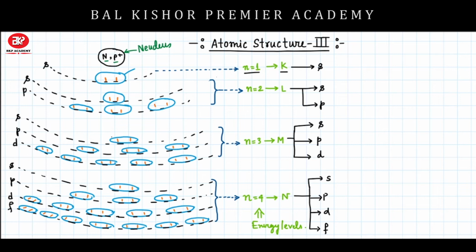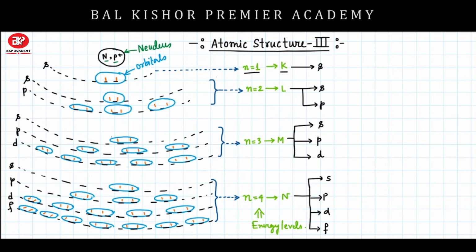In each subshell we have orbitals. We have already discussed these orbitals, and each orbital contains two energy states.